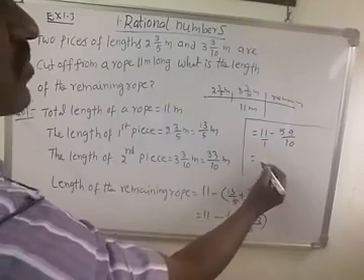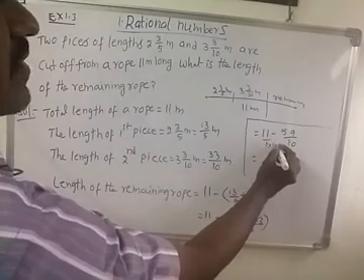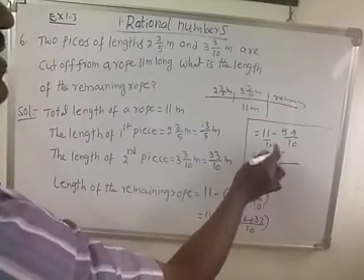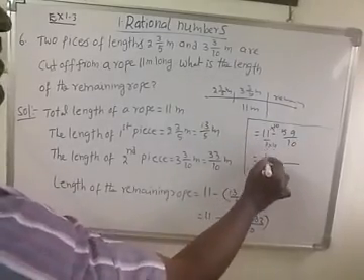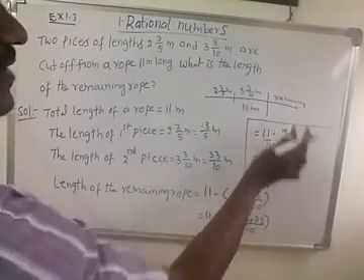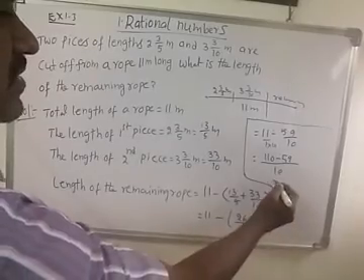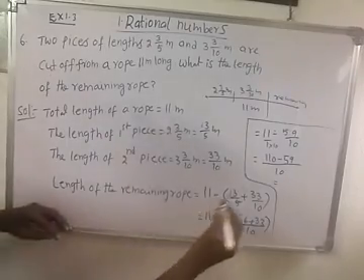Next, the LCM is how much? 10. So this is multiplied with 10, you will get 10. The numerator is also multiplied with 10. So 11 10s are 110 minus 59 by 10. So that is equal to 110 minus 59, how much? 51.